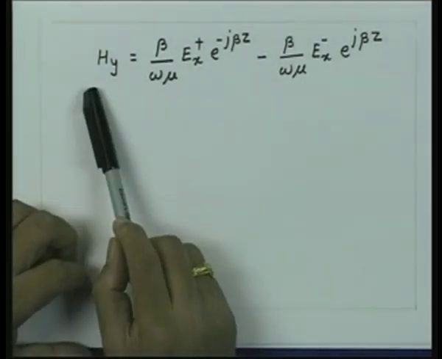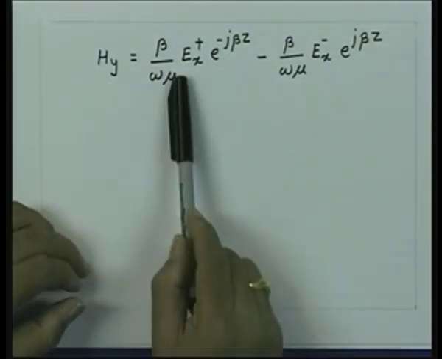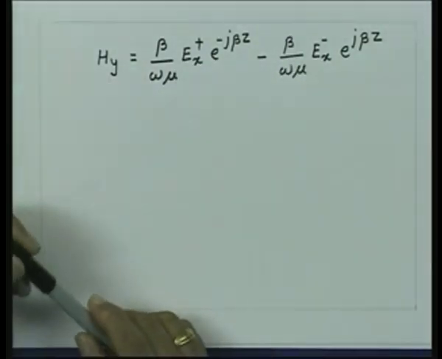So, Hy has now two components corresponding to the two travelling waves.